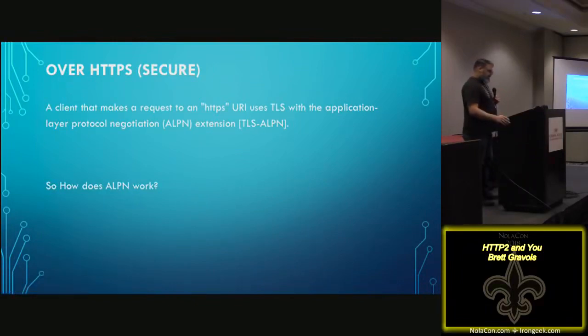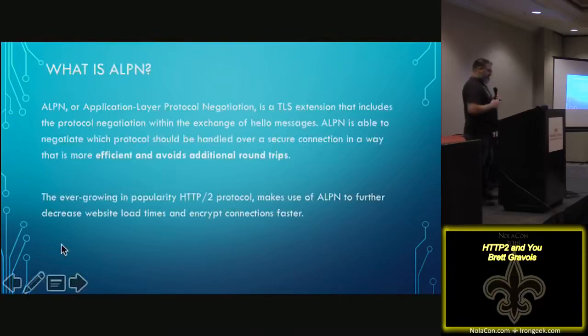Basically, it's making a request via HTTPS with the Application-Layer Protocol Negotiation, which is the ALPN extension, which is quite different from what you're used to seeing now. So how does ALPN work? ALPN is Application-Layer Protocol Negotiation.